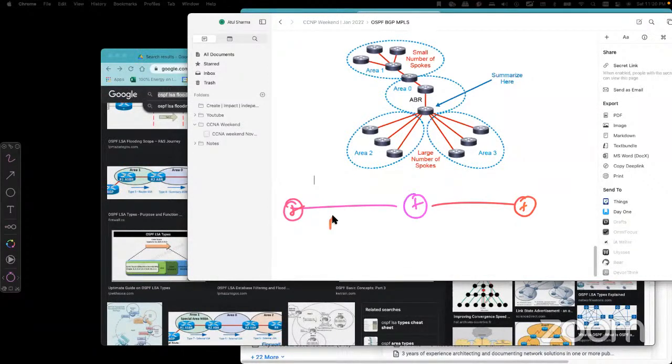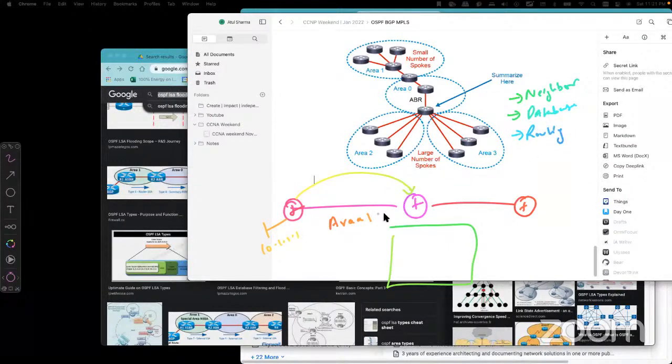Okay. If you configure this in area 1, maybe if you have a loopback here 10.1.1.1, this loopback will reach this router. In OSPF we have three tables: first is neighbor, second is database, third is routing.